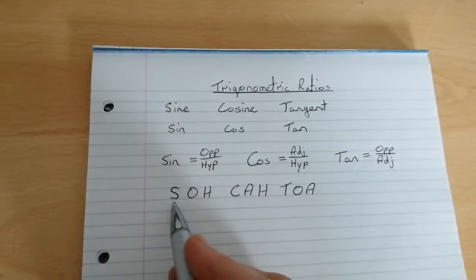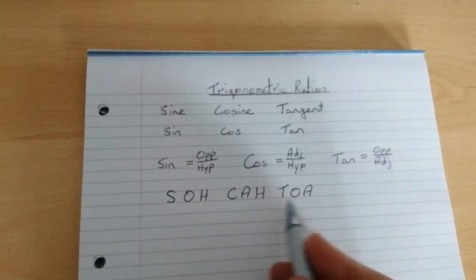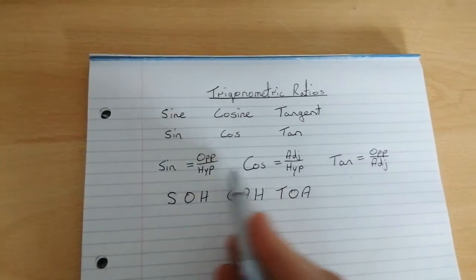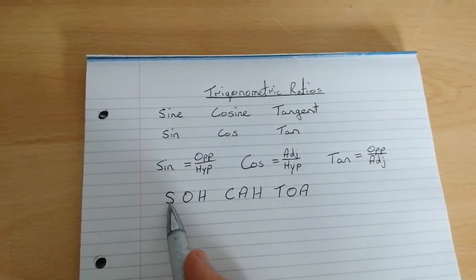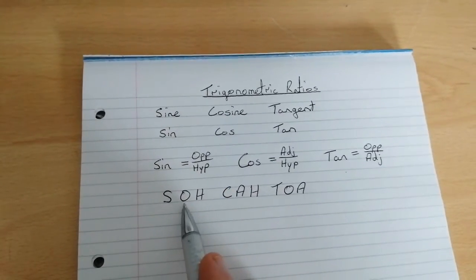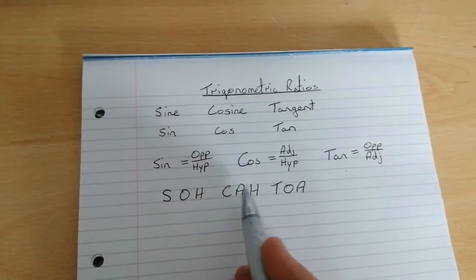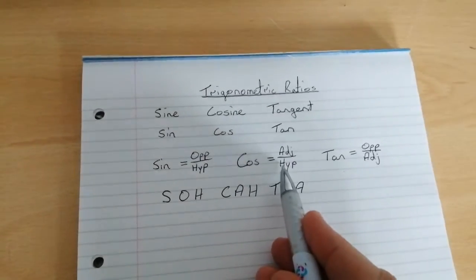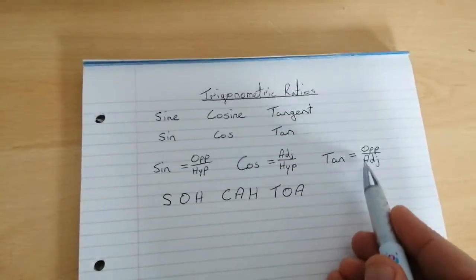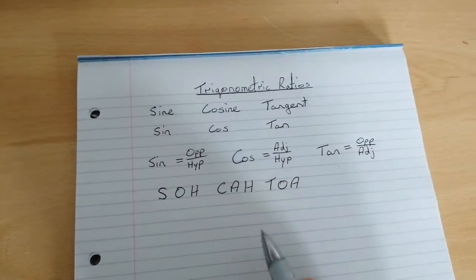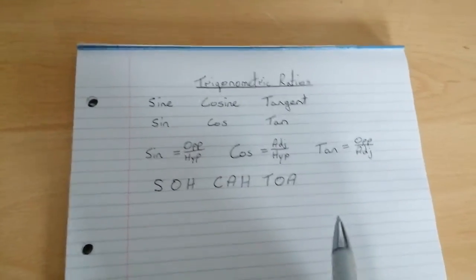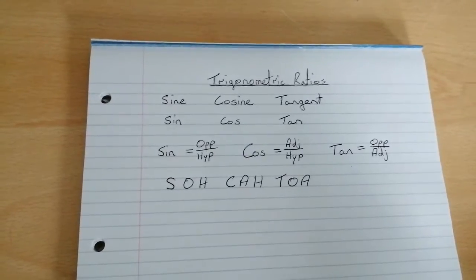So if you can remember this word and the spelling of this word, SOHCAHTOA, then you should be able to remember this. It stands for sine is opposite over hypotenuse, cos is adjacent over hypotenuse, A over H, and tan is opposite over adjacent. So SOHCAHTOA, that's our mnemonic for learning the trigonometric ratios.